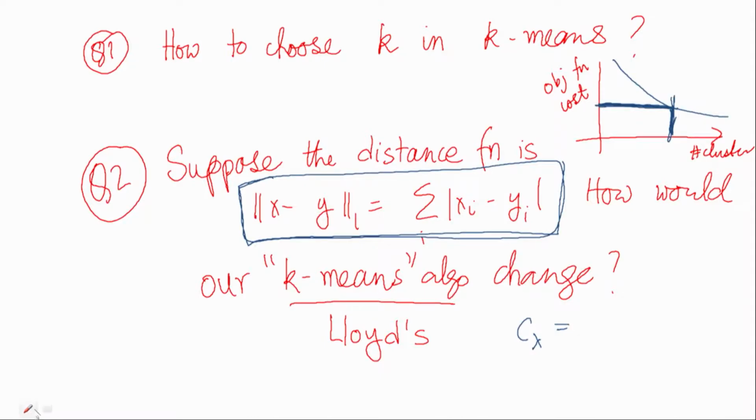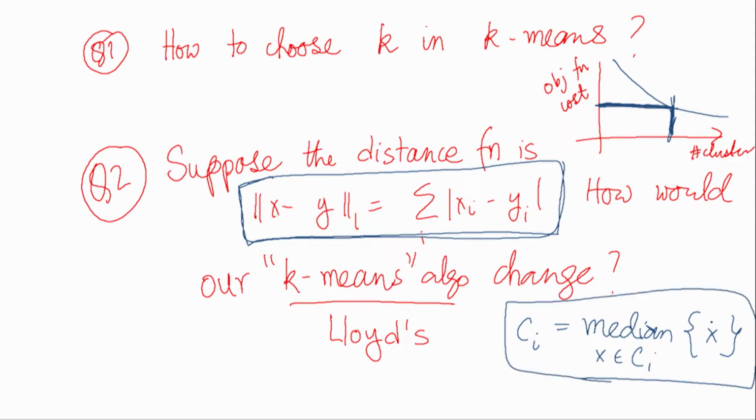So when we define the ith center, c_i, we now define it as the median of x for x belonging to C_i. So what does this really mean? I'm sorry, I'm just drilling down.